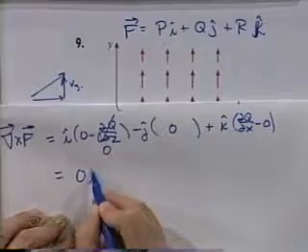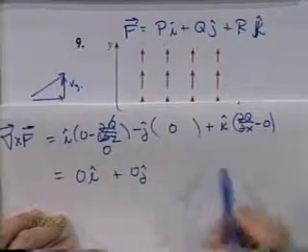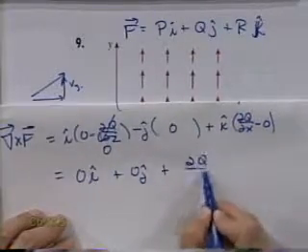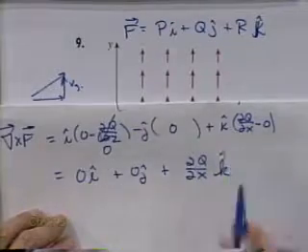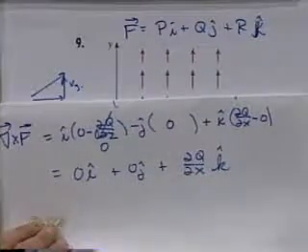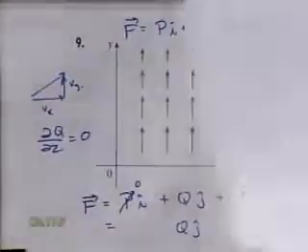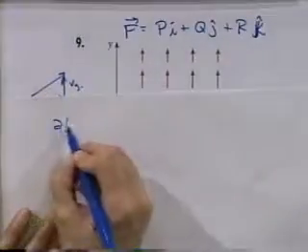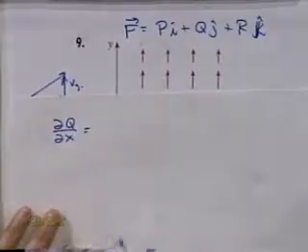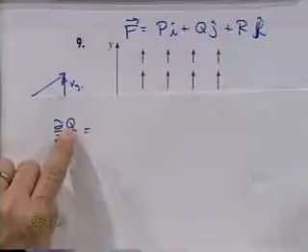So I have 0i plus 0j plus the partial of q with respect to x times k. Now, what does partial of q with respect to x mean? Let's write it out. What is q? Which component?